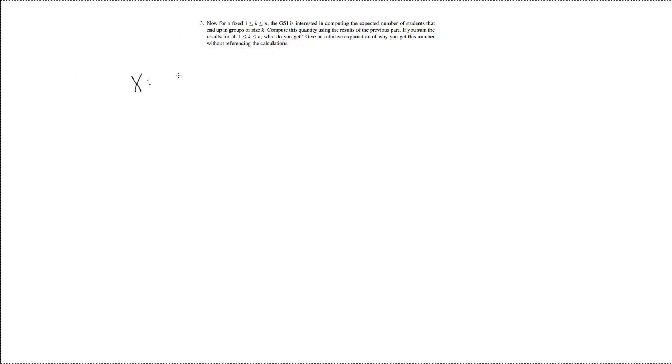Let X be the random variable representing the number of students in a group of size k. Now we can write X as the sum of indicator random variables.